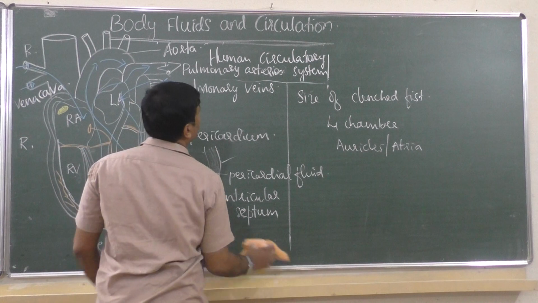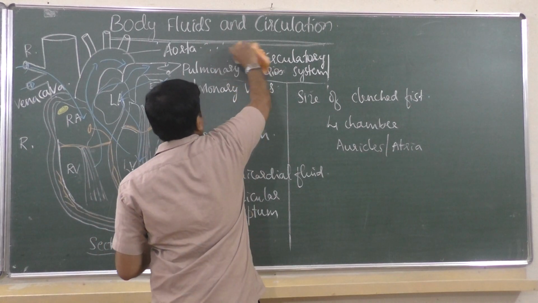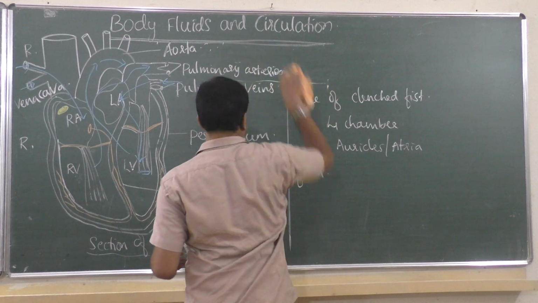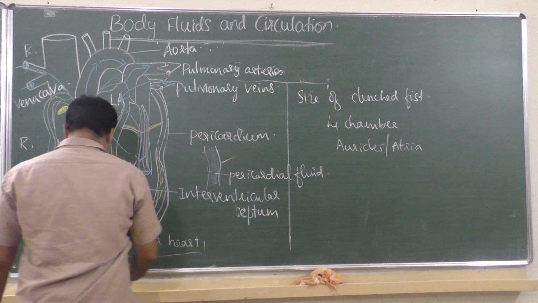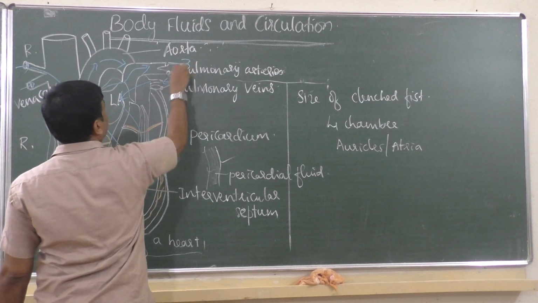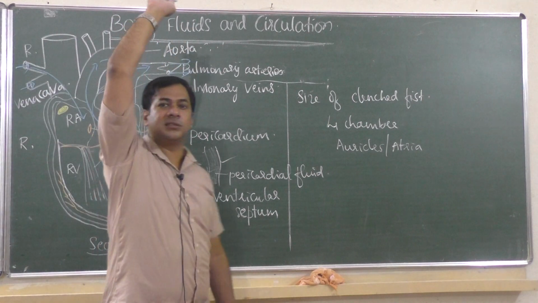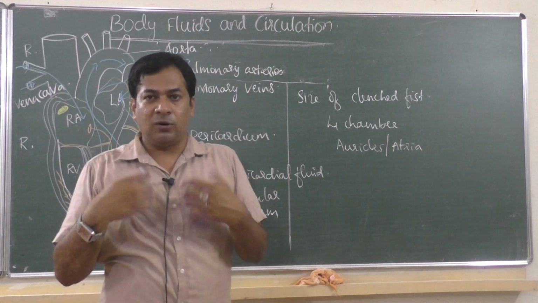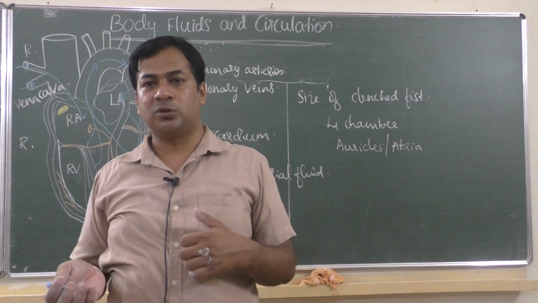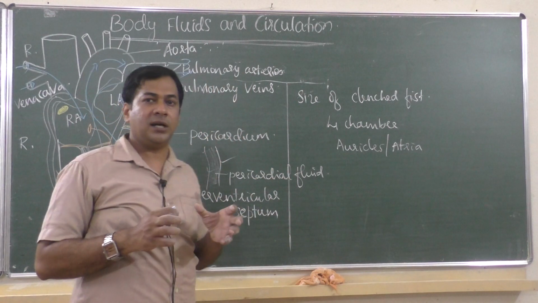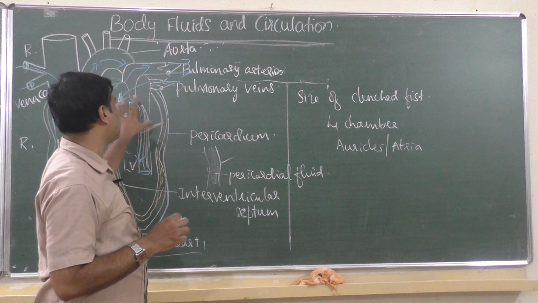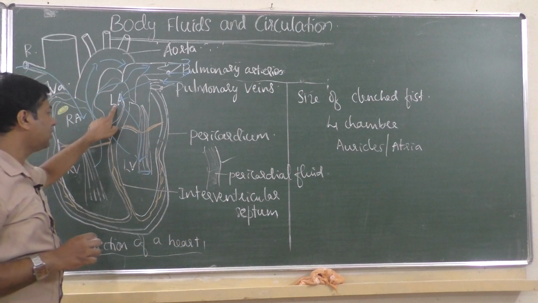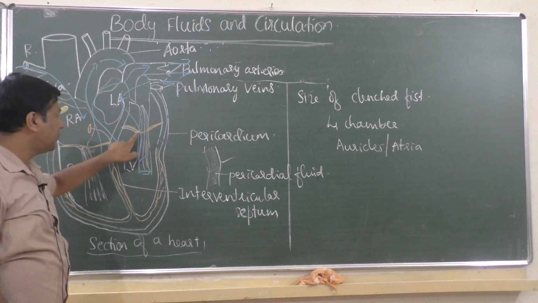So through pulmonary arteries, carbon dioxide mixed blood goes to the lungs. Once again I repeat, when we breathe in, when we take oxygen, it goes to the lungs. From the lungs it goes to the blood. Oxygen mixes with blood, and blood containing oxygen comes to the left part of the heart through pulmonary veins, these two veins.